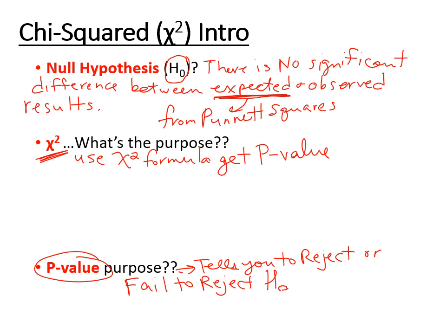Now, when we say chi-squared, what we mean is this formula here. Chi-squared is equal to the summation symbol.